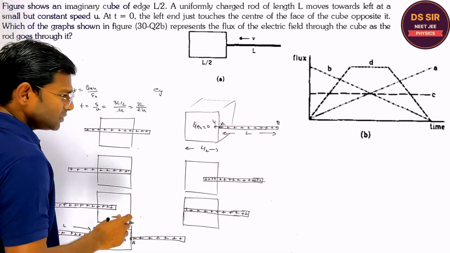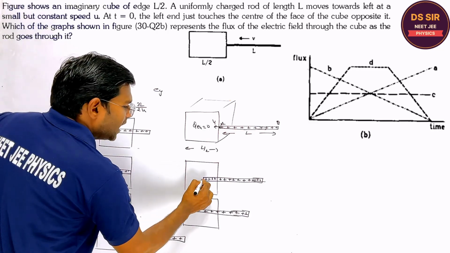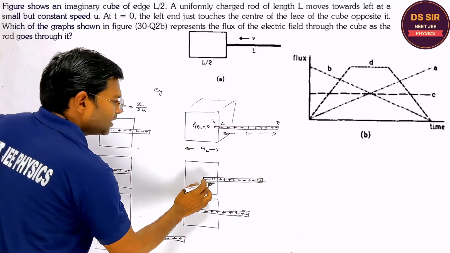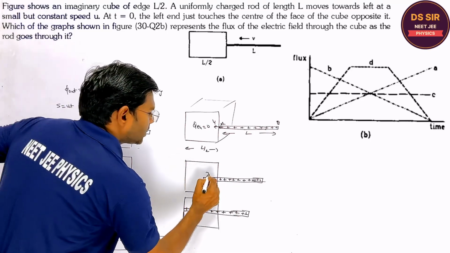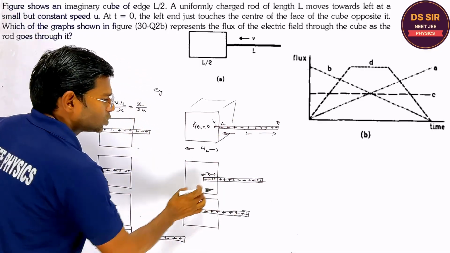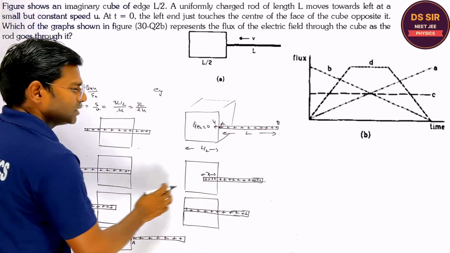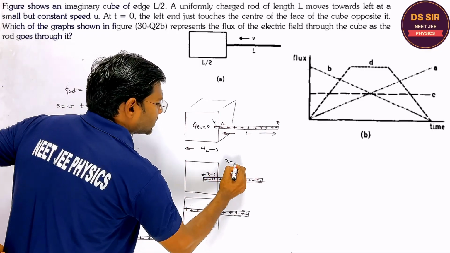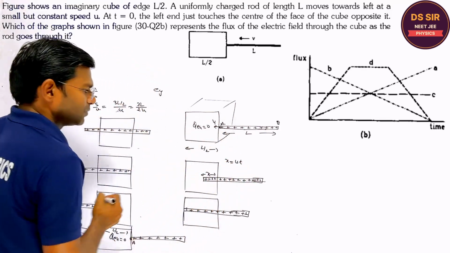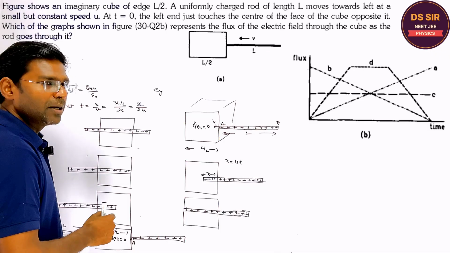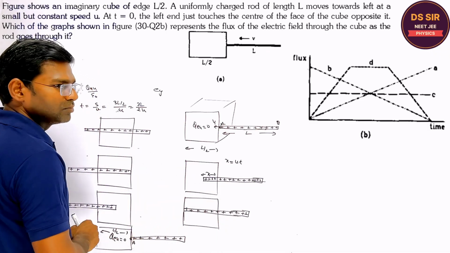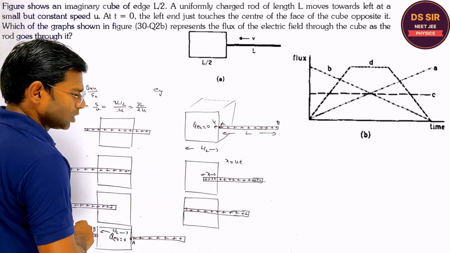So tell me, when it is entering, some part of the rod is entering over here. So in time t, what is the x? X is equal to u into t. Is it clear or not? So what time will it take to enter the complete rod into the cube?